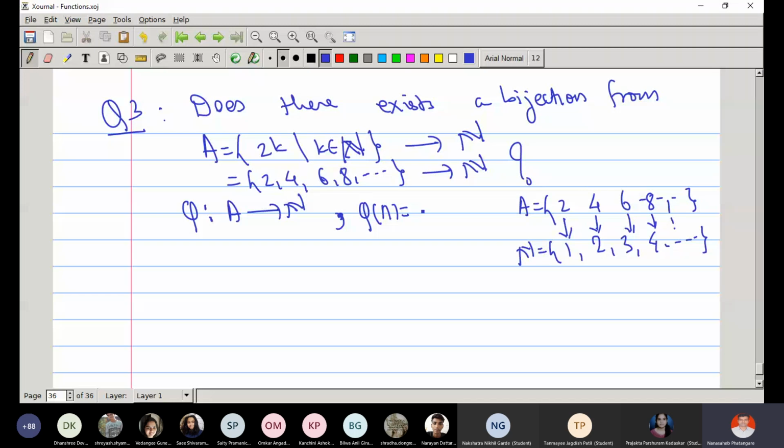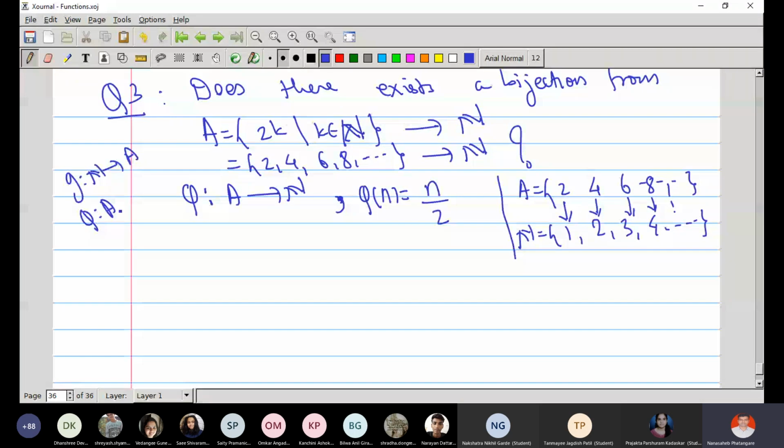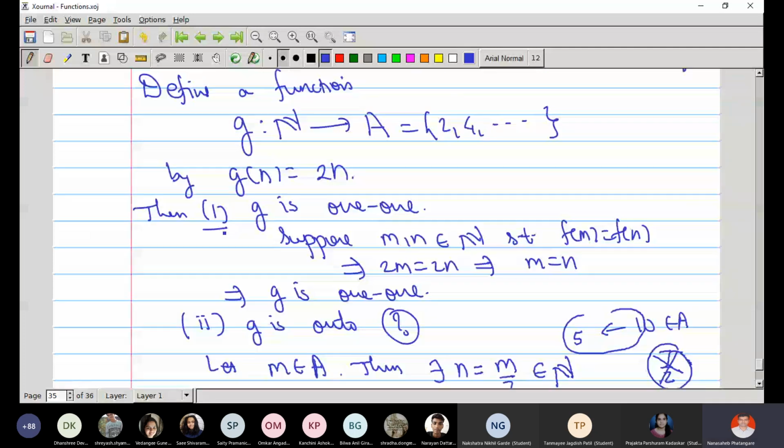In the previous case, g was a function from natural numbers to A. Now phi is a function from A to natural numbers. So it is the exact opposite process. In the previous case we multiplied by 2, here we divide by 2.